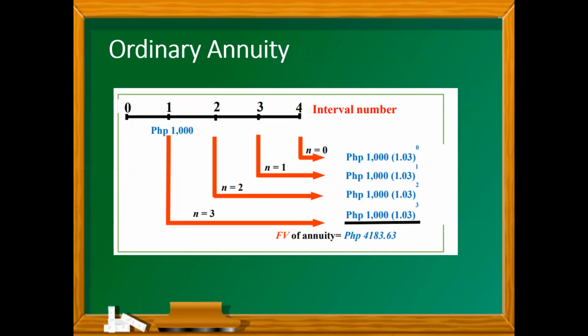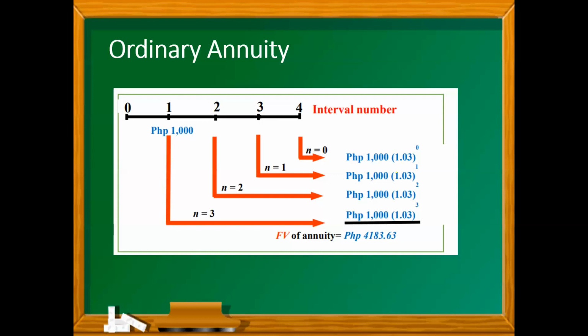Each payment accumulates until then from the date when it is due. So the amount of an annuity is the value of the annuity at the end of its term. In this figure, this is an ordinary simple annuity of 1,000 pesos, which is payable for 4 years with an interest rate of 3%.